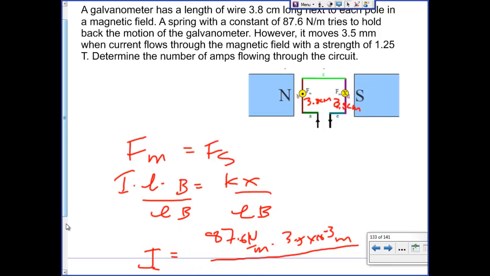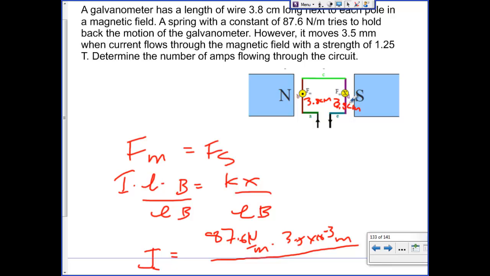And then we need to divide by the length of the wire. I'll be really careful on this one. The length of the wire was 3.8 right here. Oh, but it's doubled though. One of the reasons it's doubled is that this side is being forced out of the page, but this one is being forced into the page. So really you get double the amount of force.